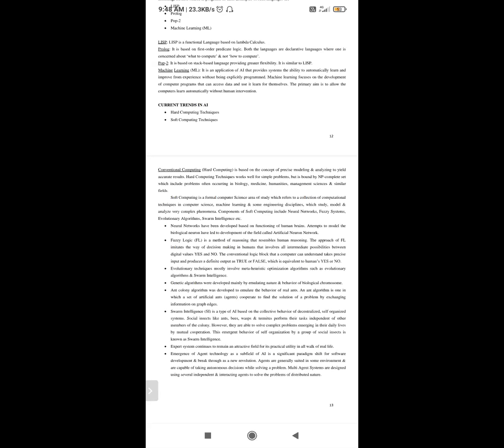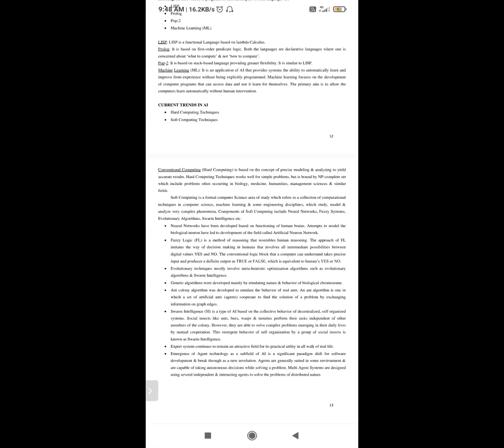Attempts to model the biological neuron have led to the development of this field, known as artificial neural networks. In the human body, how communication takes place between the brain and the nerves has been virtualized, and research is being done on it.